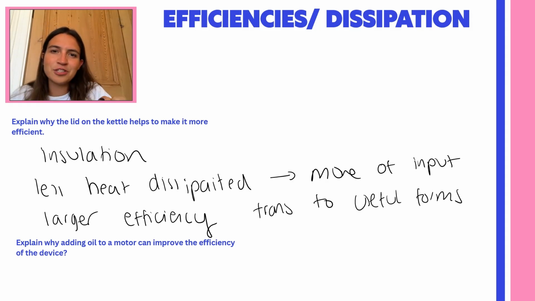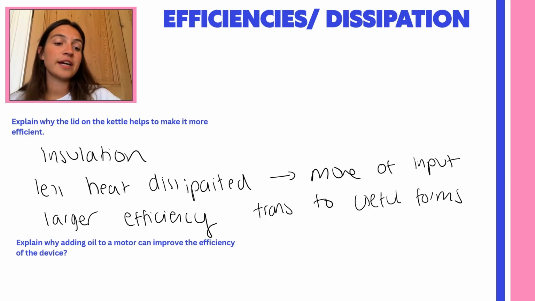Okay, so that's me showing that I know exactly what the definition of efficiency is. It's useful over total. I would advise actually even writing your equation down in an answer to this in the exam. Okay, so you can say you're maximizing that amount of useful energy that can be transferred.